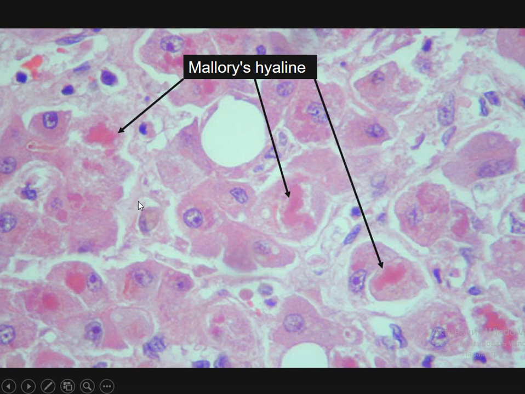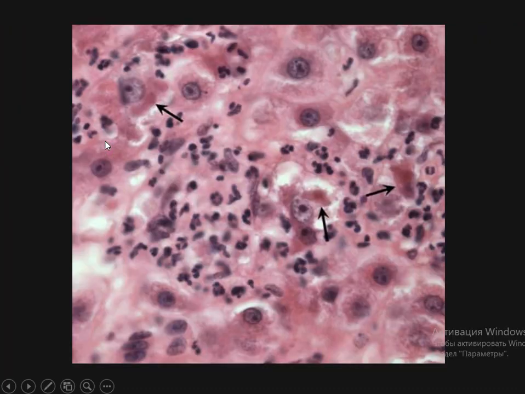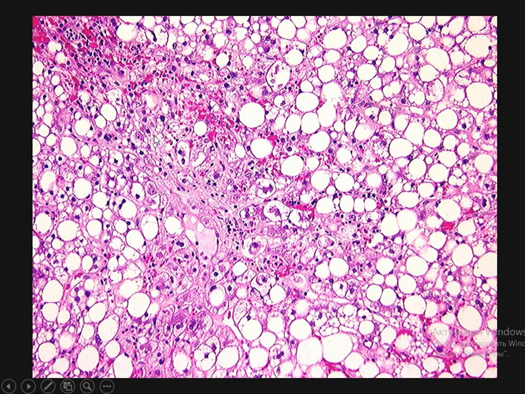So here there is Mallory's body, or Mallory hyaline, pinkish masses in the cytoplasm of injured cells, and very commonly we can see reactive inflammation by neutrophils around the Mallory body.